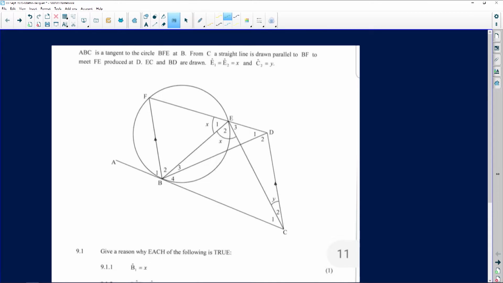Our first bit of information says that ABC is a tangent to the circle at B. I stop reading immediately. Now I use that information and fill in everything that relates to that tangent on this diagram. Let's remind ourselves: there's the Chord Theorem.